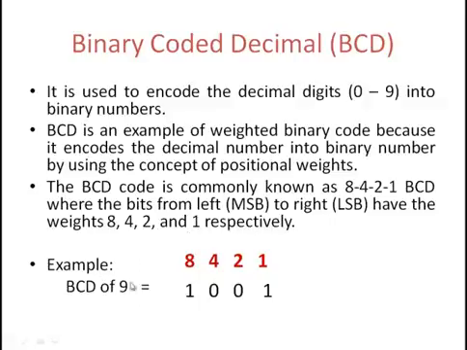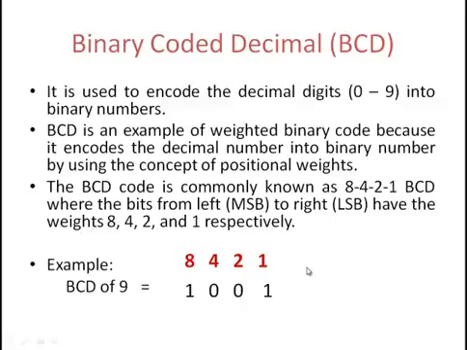For example, here we have considered BCD of number 9, which is 1001. This is MSB, this is LSB. So the weight of this bit is 8, weight of this bit is 4, this bit has got a weight of 2, and this bit has a weight of 1.